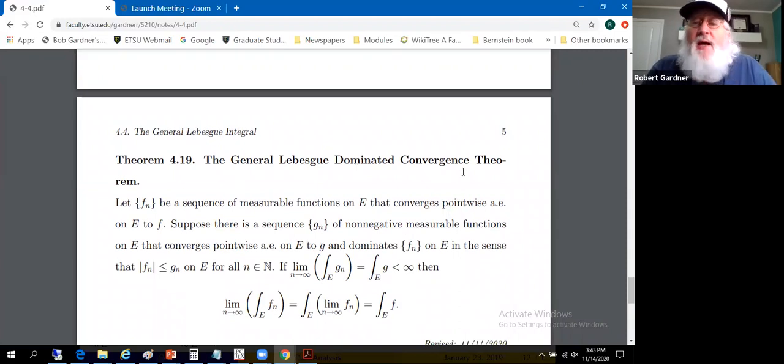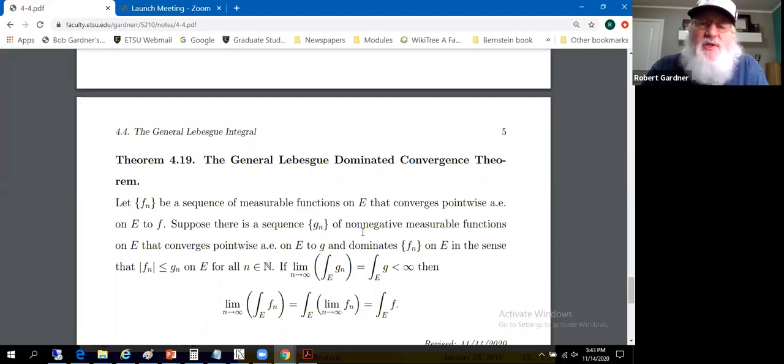Let's see what it says. The general Lebesgue dominated convergence theorem simply weakens a hypothesis from a specific function to a sequence of functions with some appropriate properties. Let f sub n be a sequence of measurable functions on E that converges pointwise almost everywhere on E to f. No comments about integrability yet.